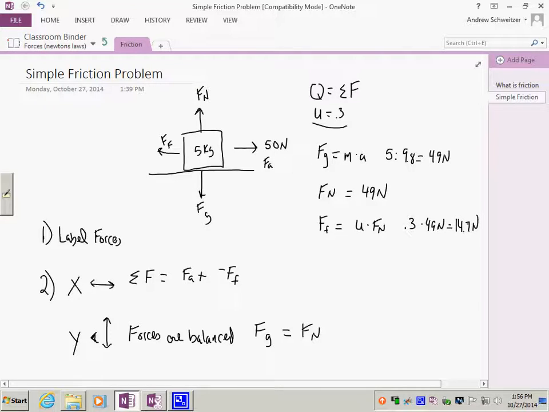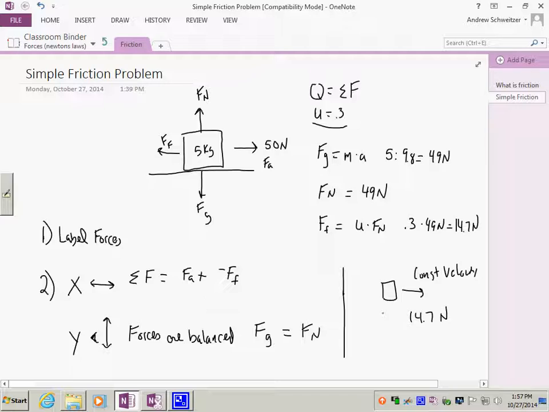Now, I am applying 50 newtons, so if I applied less than 14.7 newtons, then the box would not move. Right at 14.7, it would be equal: equal force going forwards, equal force going backwards. So hypothetically, if I'm pushing the box at a constant velocity, this would require 14.7 newtons of force.